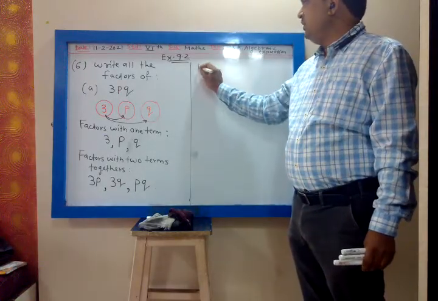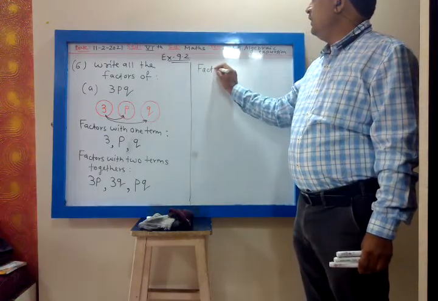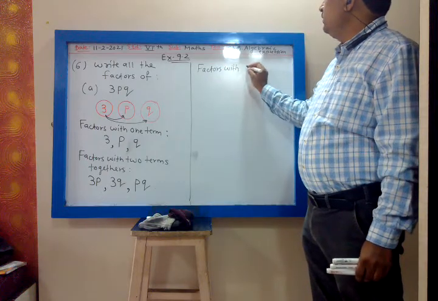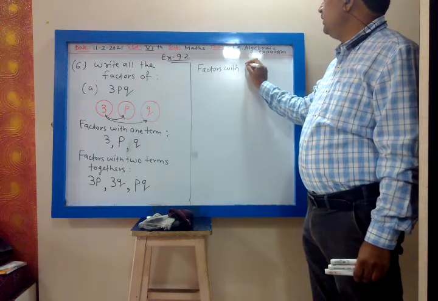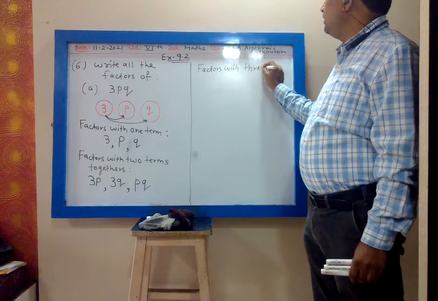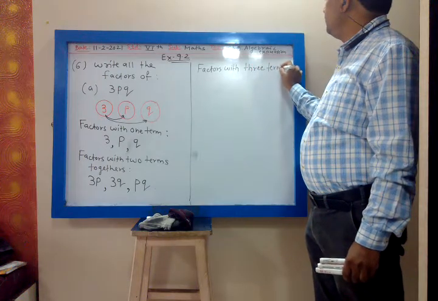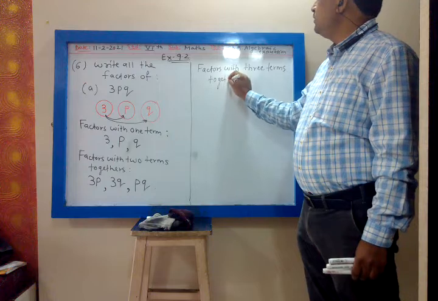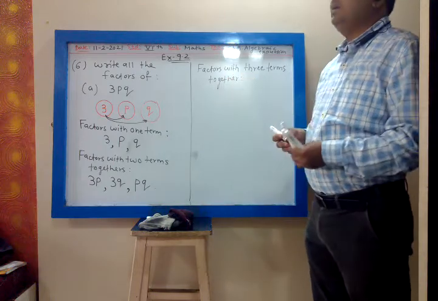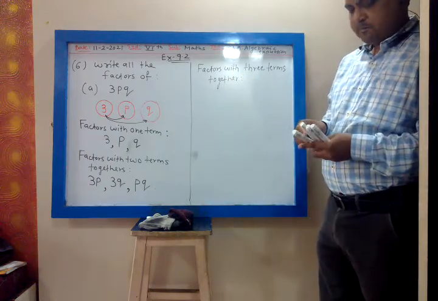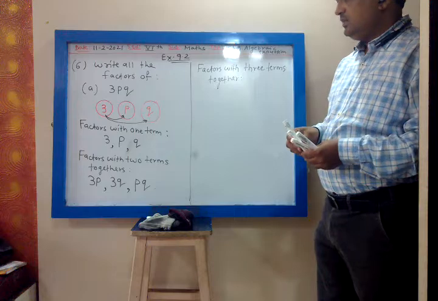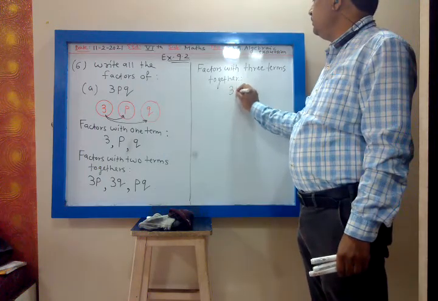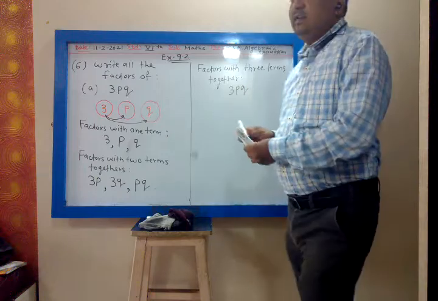Now factors with 3 terms together. 3 terms together means which number? Yes, 3PQ. So the answer is 3PQ.